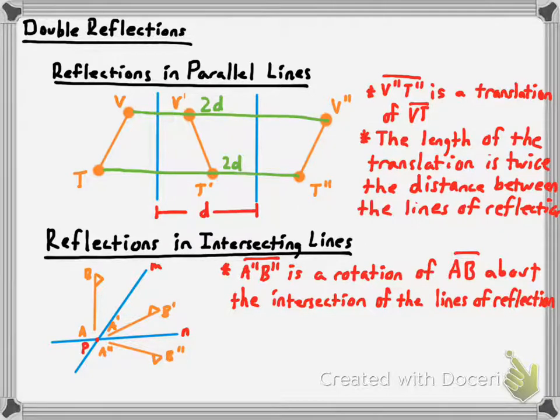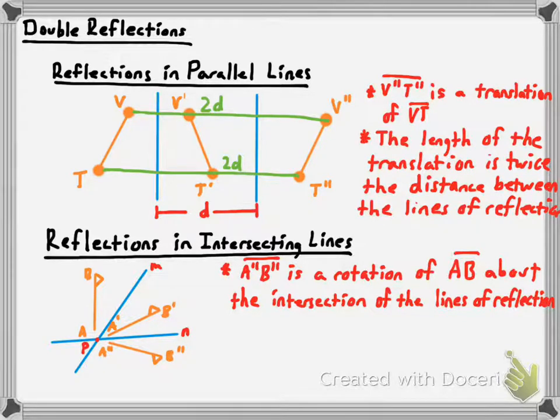Okay, now there's also another property that goes along with that. It's similar to the one we just looked at with the double reflection in parallel lines. We said with the double reflection in parallel lines, the final image is a translation of the original figure, and they were twice as far apart as the lines of reflection were. Well, there's another doubling relationship here, but it has to do with an angle. It doesn't have to do with a distance.